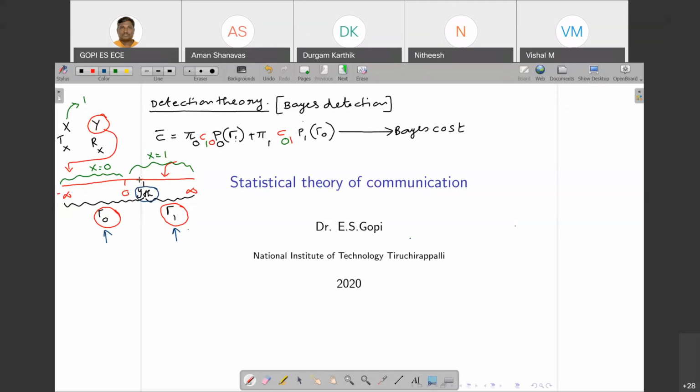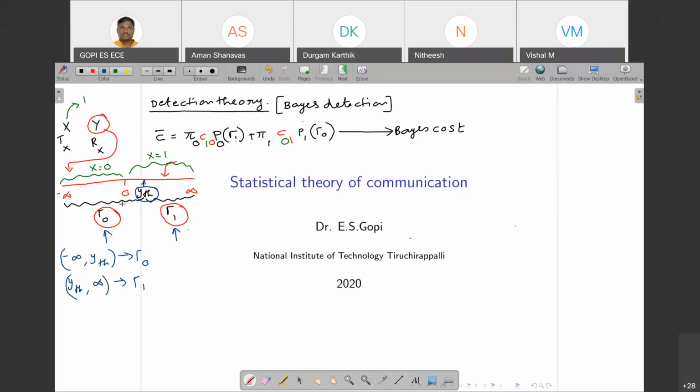Finding this threshold itself helps you give the two sets here: minus infinity to YTH belongs to the set gamma naught, and YTH to infinity belongs to gamma 1. We are dividing them into two sets. That's the idea, right?